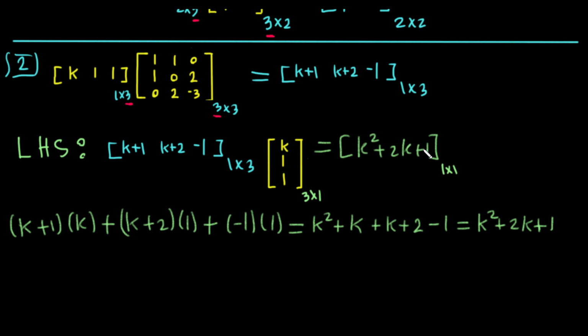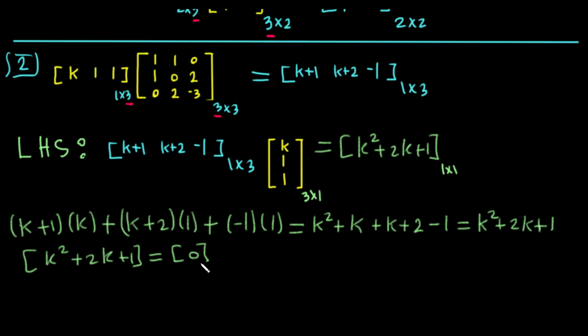And we will see how we can solve it now. Now we have to compare k squared plus 2k plus 1 with a matrix which is 0. Hence k squared plus 2k plus 1 equals 0.